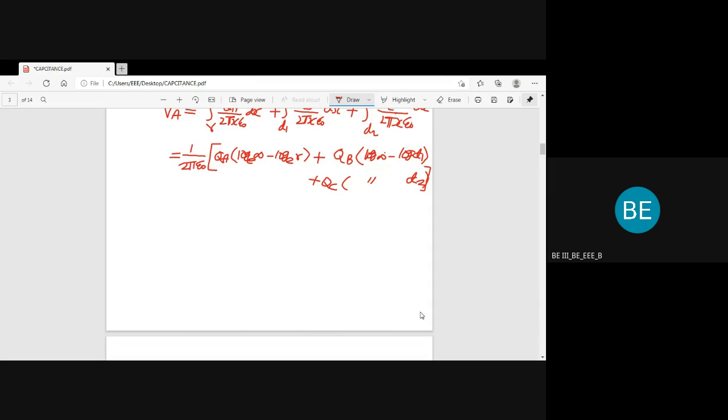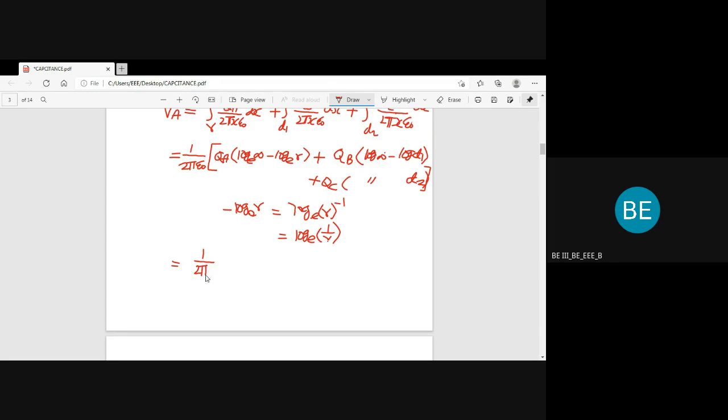Once we find this, we have to take the logarithmic term outside. Minus log e of r, or we can write it as log e of r power minus 1, that is, log e of 1 by r.